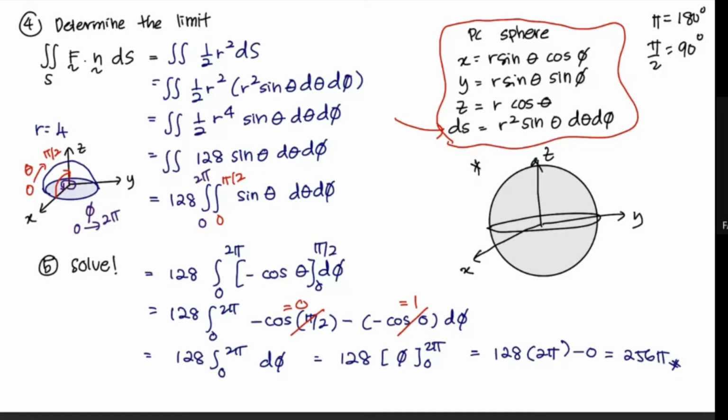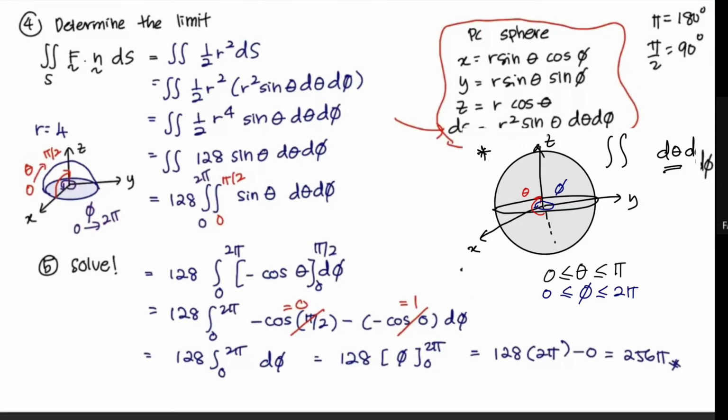If the question is for a full sphere, your limit for d theta and d phi will be: theta from 0 to pi, 180 degrees, and phi from 0 to 2 pi, 360 degrees. For this question, after you determine the limit, step number 5, solve the integration. Then we get 256 pi.